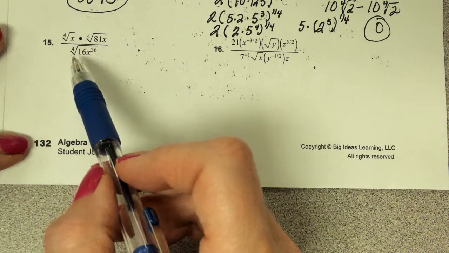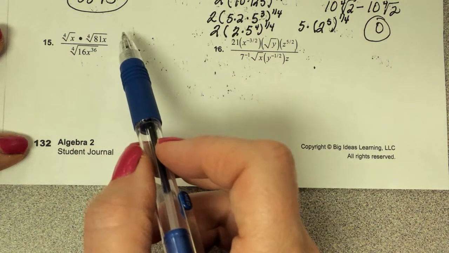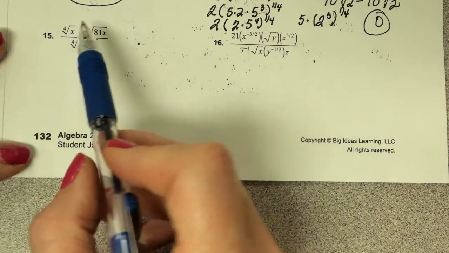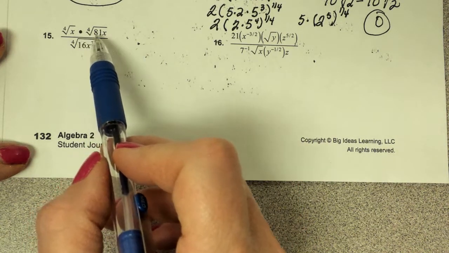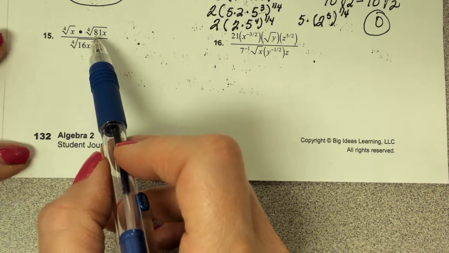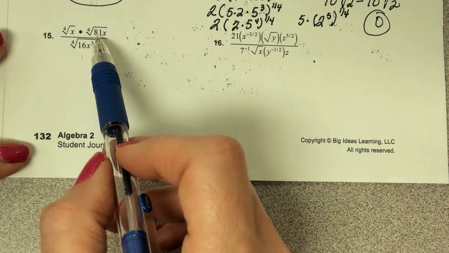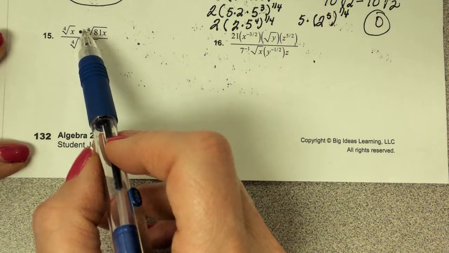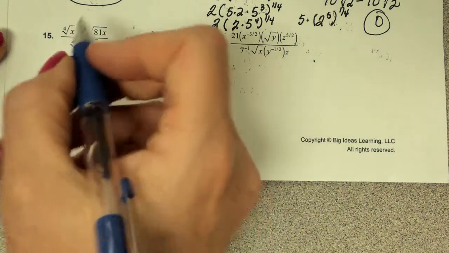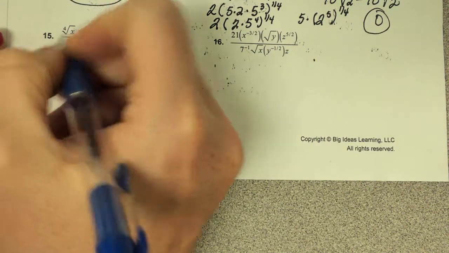We're all different. Some people think better in radical form. Some people are better with rational exponents. But one thing we should all be able to do is if we have a perfect square or cube or 4th power, we need to go ahead and do that. Is there a perfect 4th root of 81? 3. So I'm going to go ahead and do that right away.